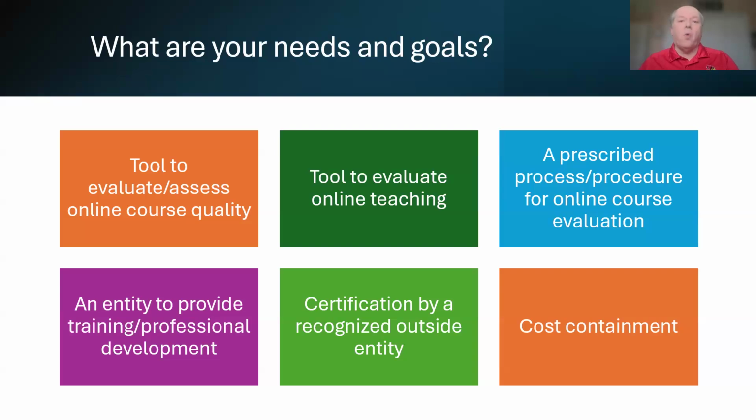And then also, of course, if you're looking at tools, your needs and goals, none of us have a whole lot of extra cash floating around. So what are the financial implications of adopting a particular tool for online quality? So as we're looking at these different tools, think about these 6 things and what are the most important things for you and for your organization.